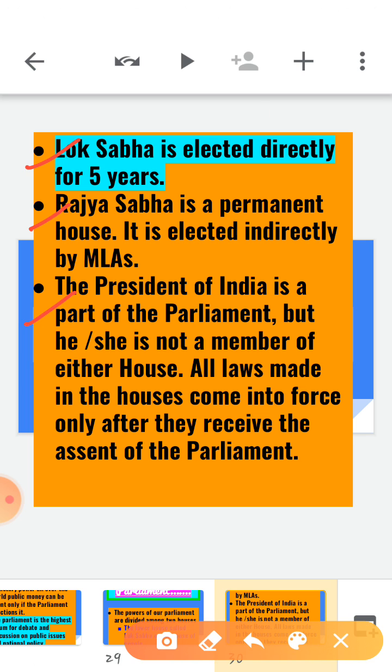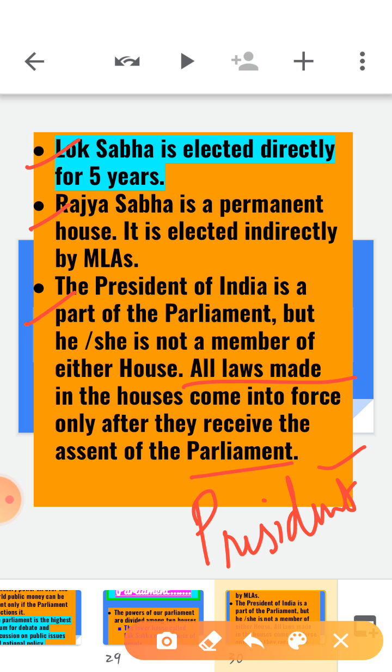That is why all laws made in the houses come into force only after they receive the assent of the president. It's not parliament, it's the president. All laws made in the house come into force only after they receive the assent of the president.